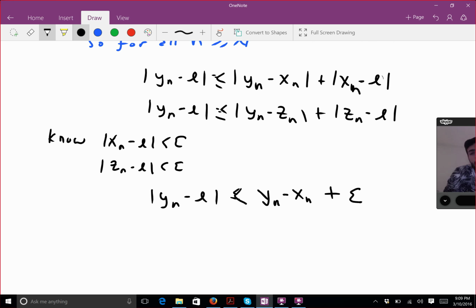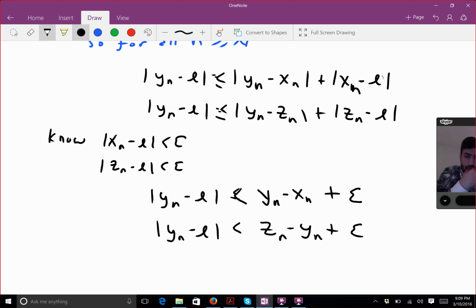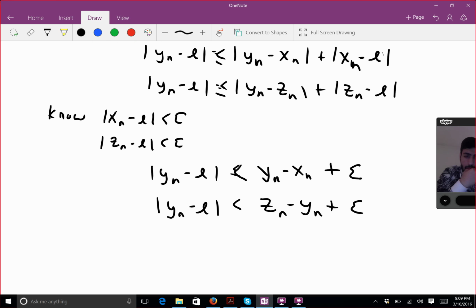So y_n minus L is going to be less than z_n minus y_n plus epsilon, because I know that this is positive and this is positive here.